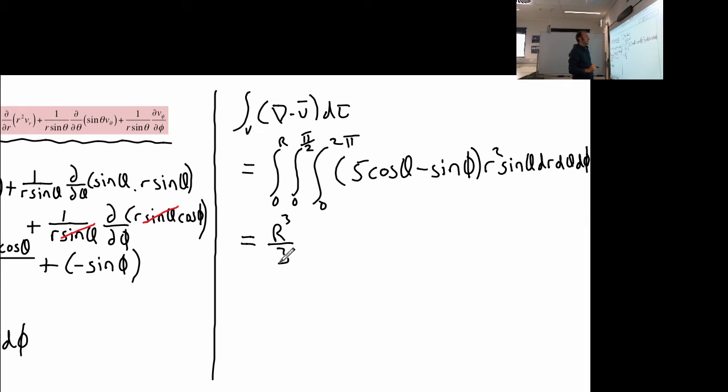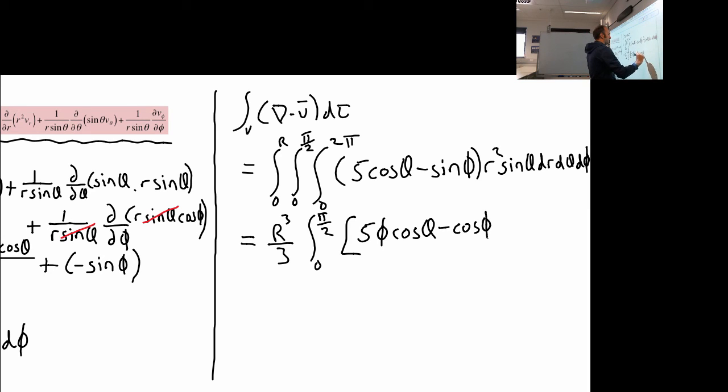Then I'm going to do the integral with respect to phi, leaving the theta alone for the moment. If we do the integral with respect to phi, we obtain 5 phi cos theta minus cos phi, between 0 and 2 pi, times sine theta d theta.